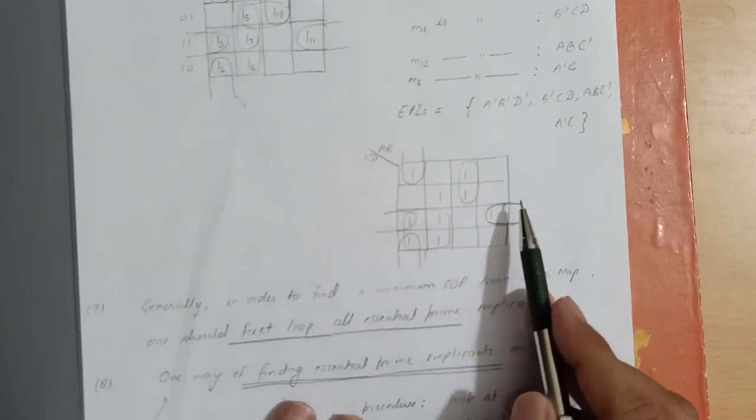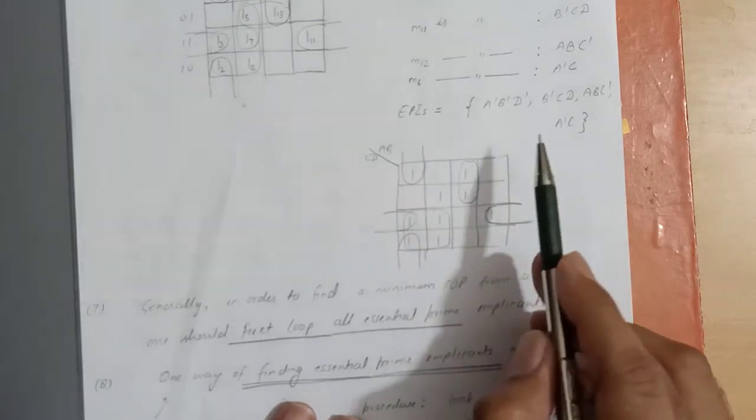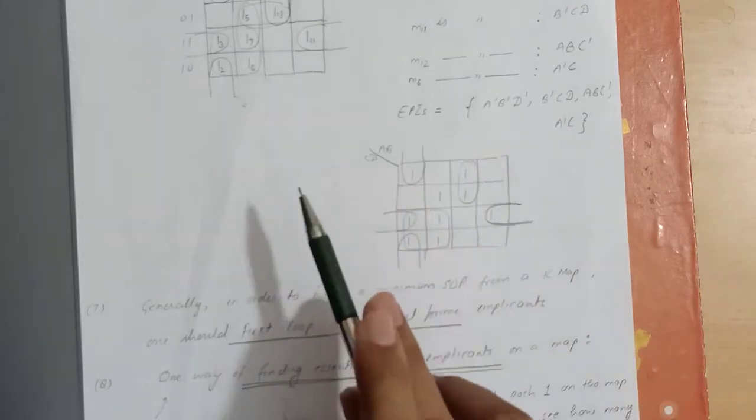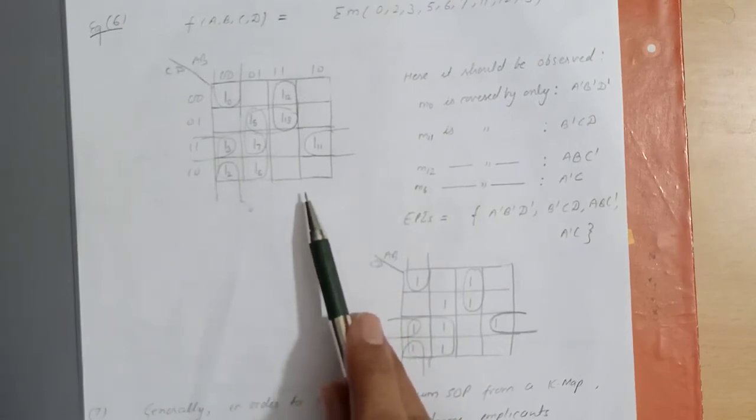So we have covered most of the ones by finding the essential prime implicant. What we will do with remaining ones, we will look into that. Okay, so there are certain minterms that are covered by only one prime implicant. That prime implicants are called essential prime implicants. So again, we are not following any systematic procedure to find the essential prime implicant.